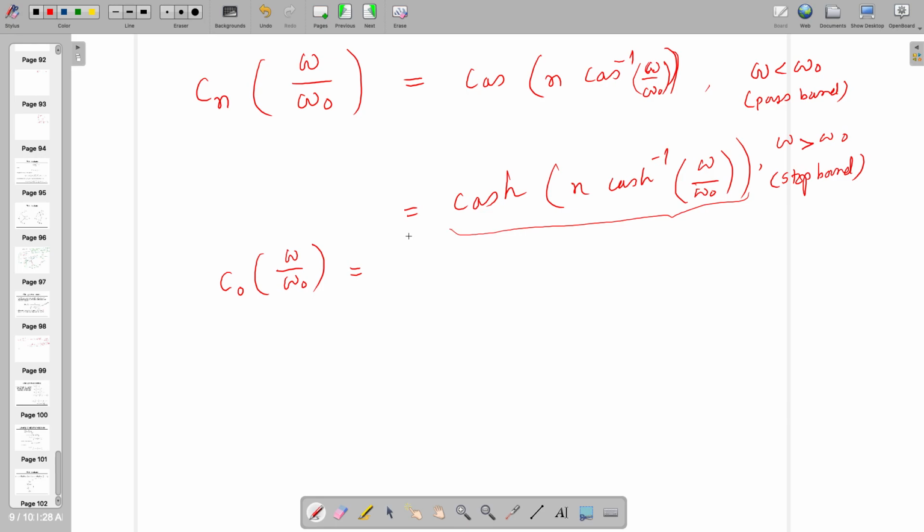So what will be the answer? 1. Similarly, if I want to find out C1 at omega by omega 0, what am I going to see? Omega by omega naught. Excellent. We are not going into other variables. So now what is going to happen at C2 of omega by omega naught?